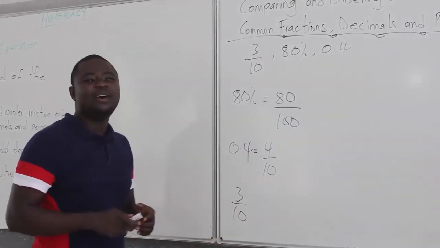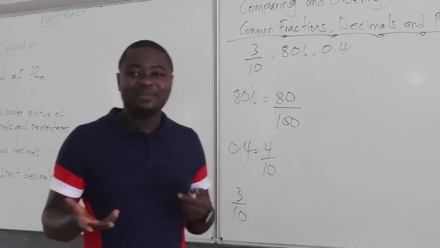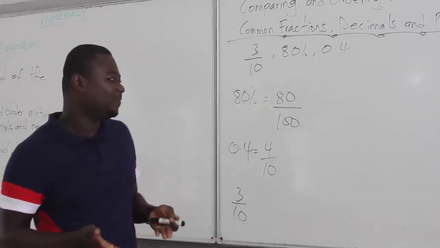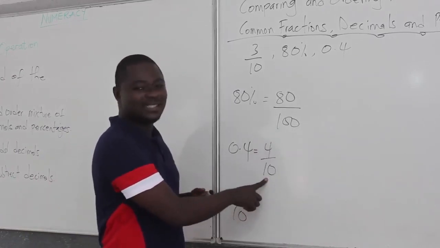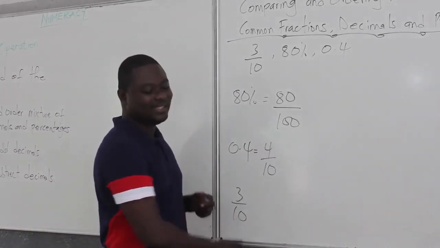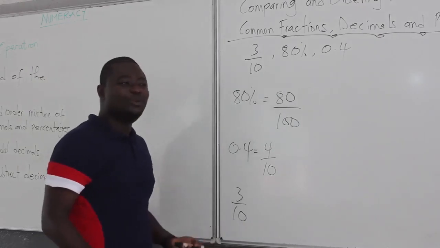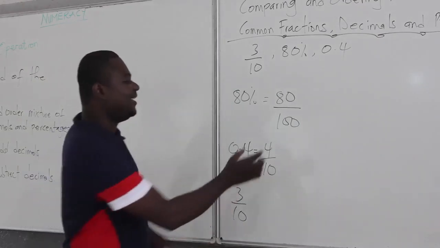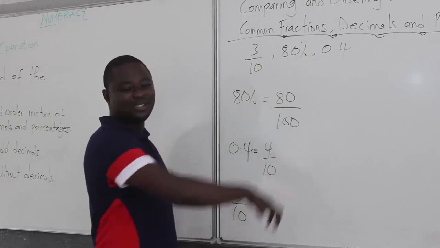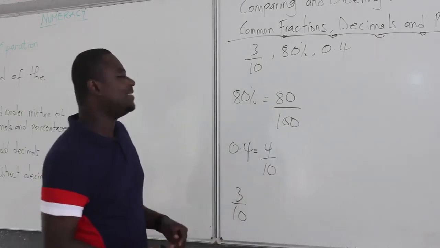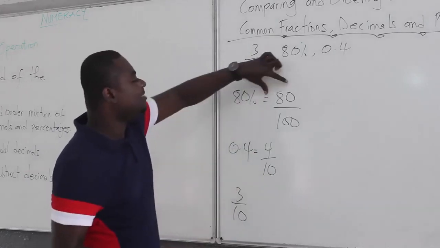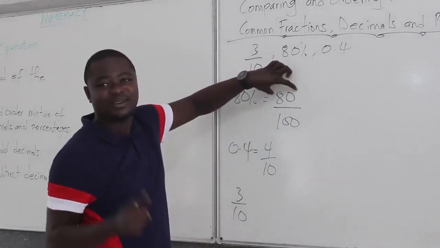Now to compare, you have to make sure the denominators are the same. Here, this denominator is 100, this denominator is 10, this denominator is 10. So we have to make sure this denominator is reduced to 10. By doing that, it's very simple. Now the numerator has how many zeros? 1.